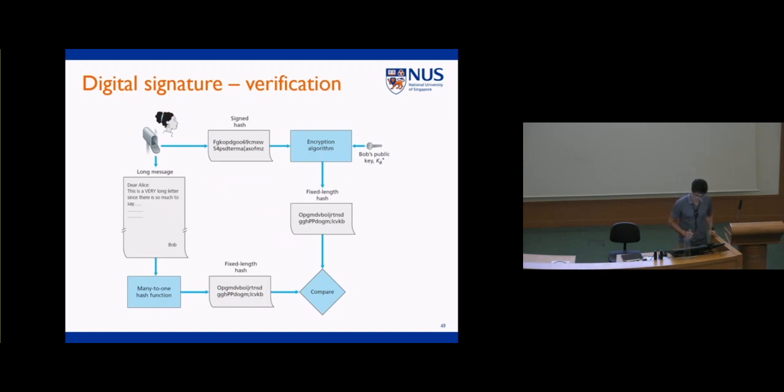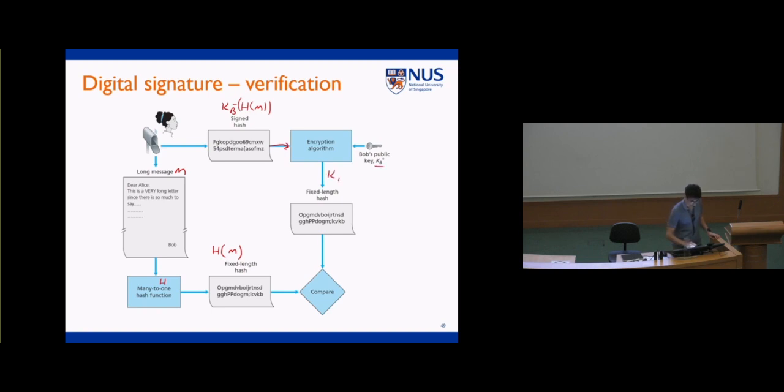And Alice receives them. So here is the message. She puts the message here, and she puts the signature here. And for the message, she just computes the hash. So she brings the hash or the digest value here, right? And for the signed hash, she runs the encryption algorithm using Bob's public key.